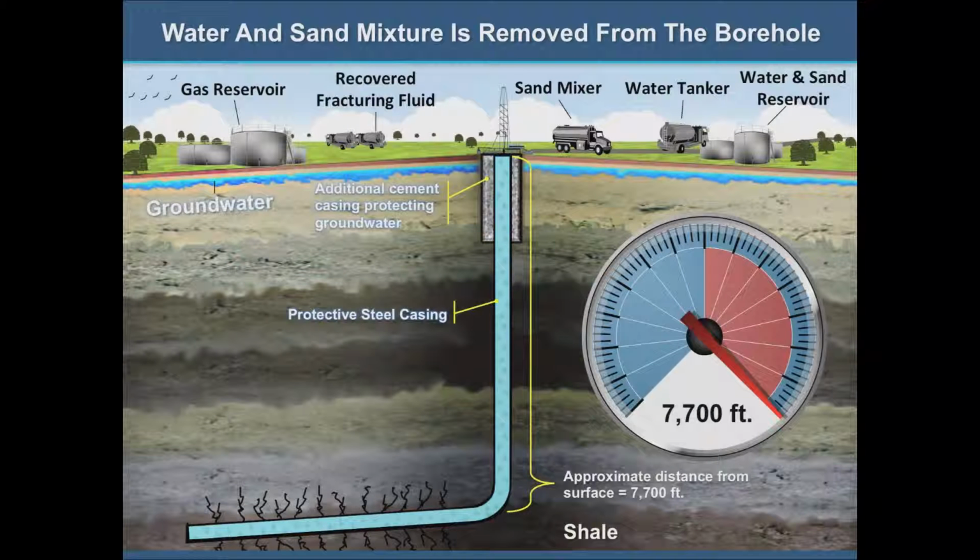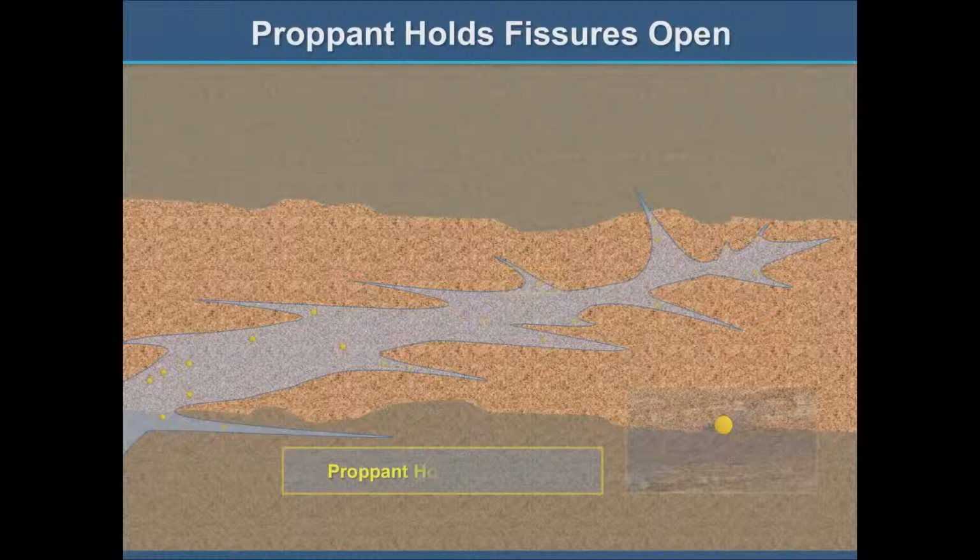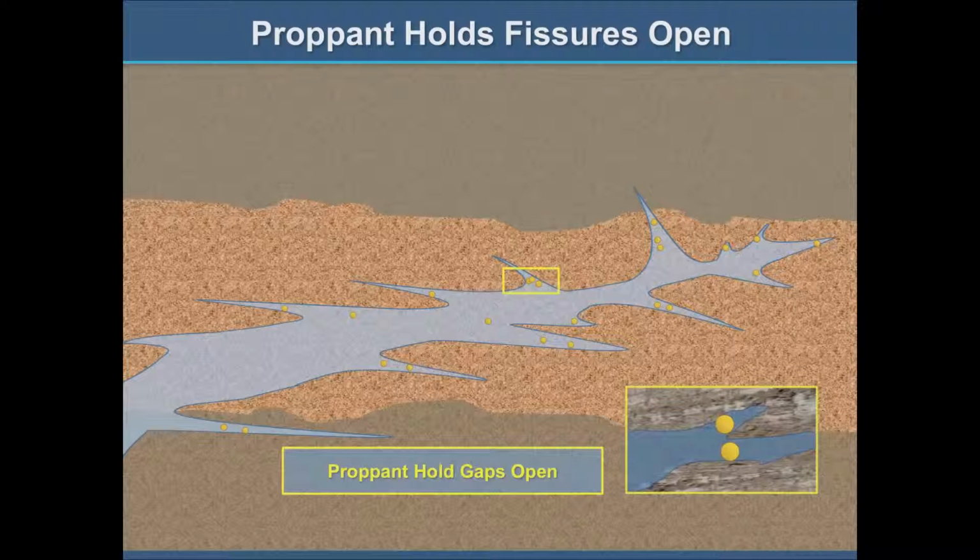Most of the water mixture is extracted and stored in a storage reservoir. However, a small amount of proppant is left behind, which consists mainly of sand. These small particles help the fissures to remain open.